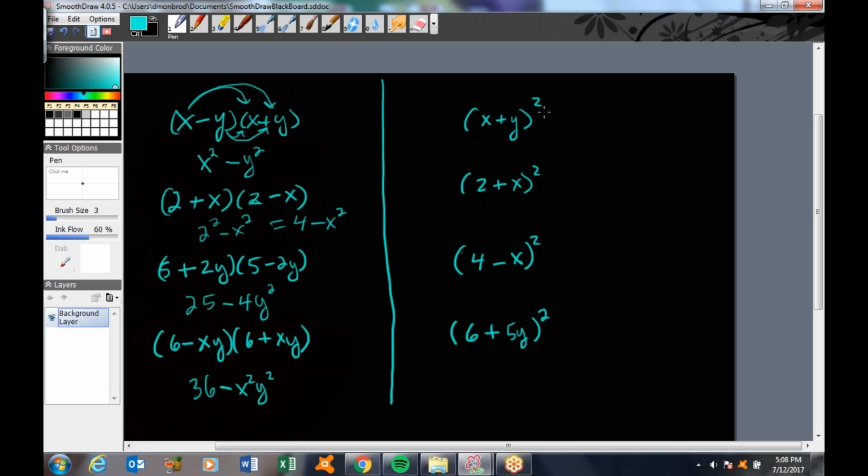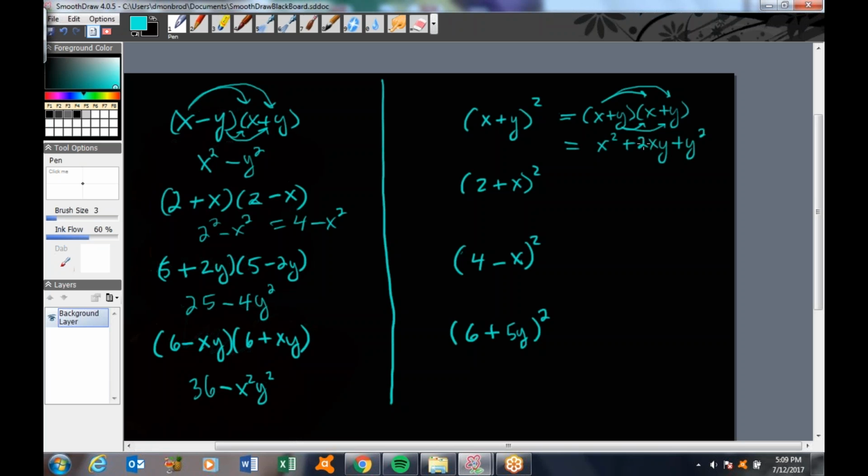Now, this other one resembles this form. If you expand it, you're going to see this. And if you were to do this the long way, the way we have to do most problems, we would end up with x squared plus twice the xy plus a y squared.